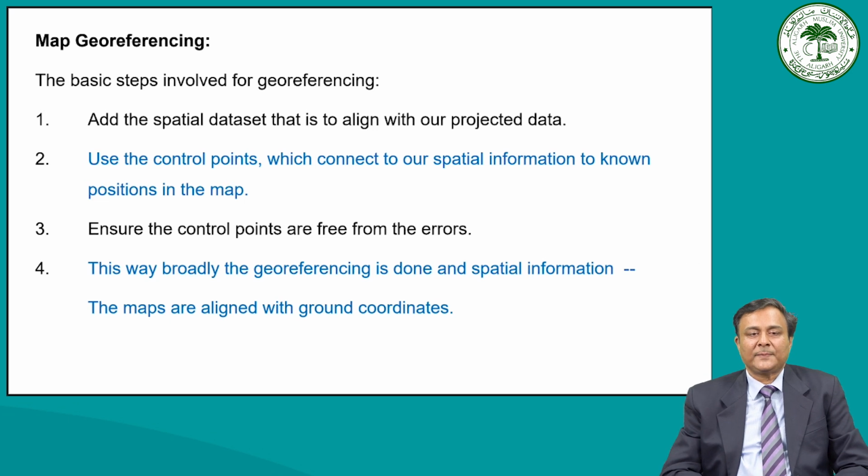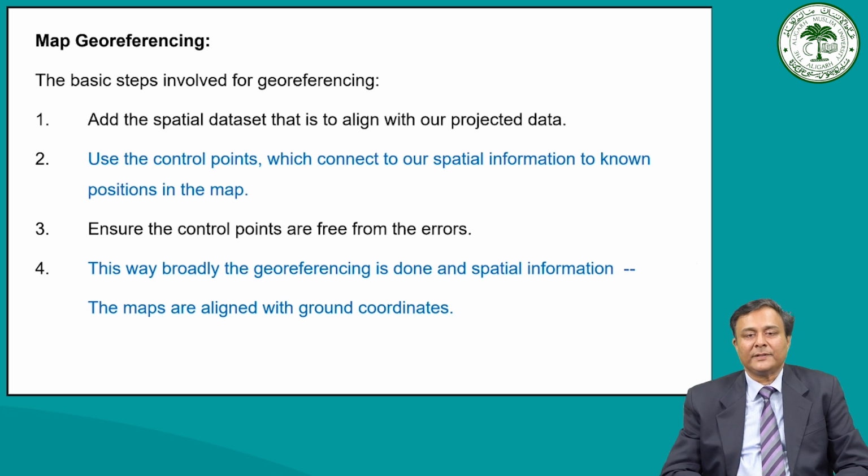So the basic steps involved for georeferencing: add the spatial dataset that is to be aligned with our projected data. So there would be one data set which is already georeferenced, or we are aware of the coordinates of that particular geographic space from which we are drawing some GCPs.